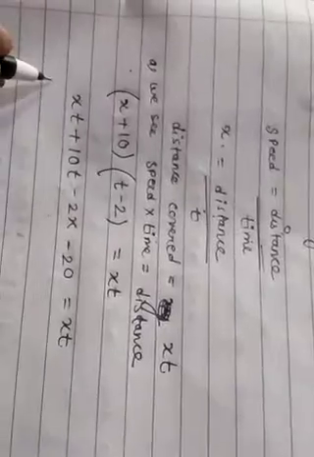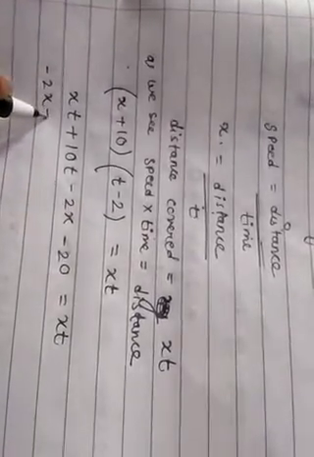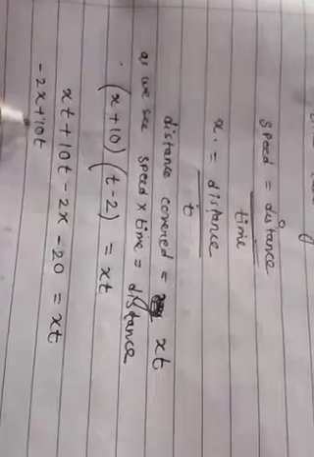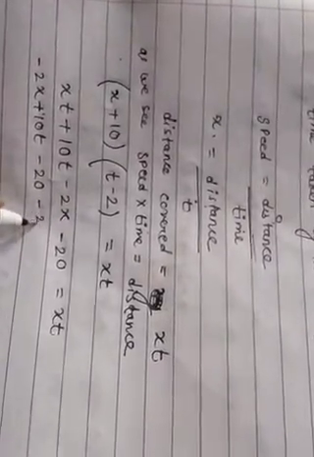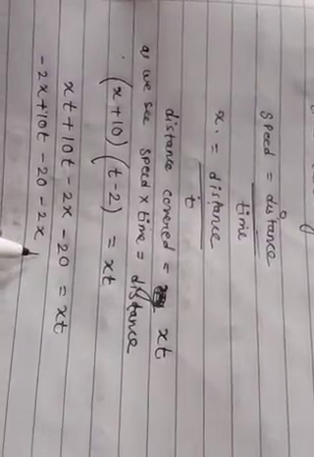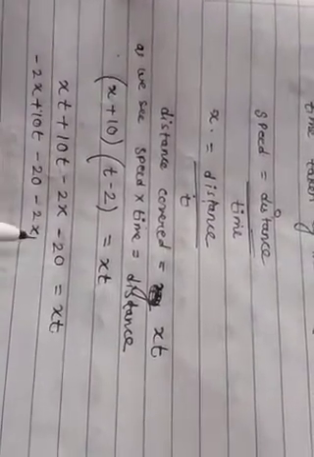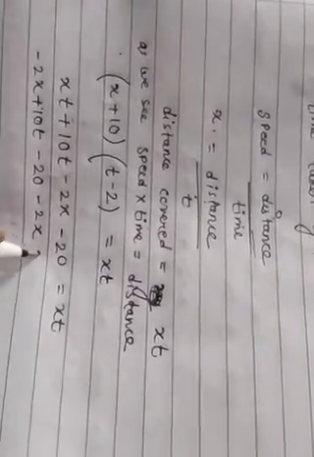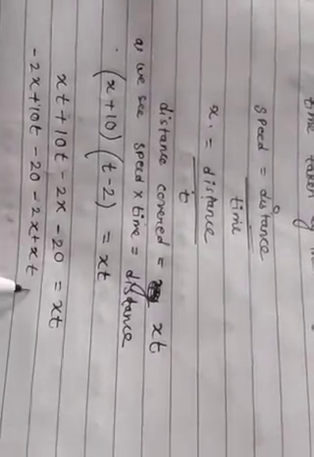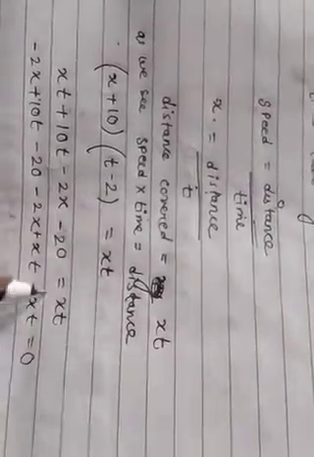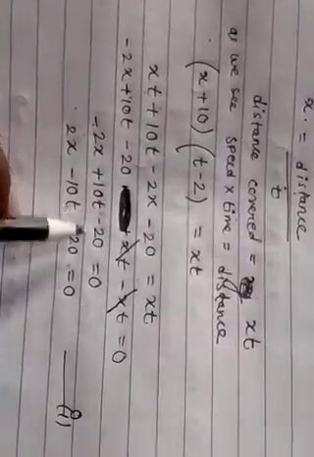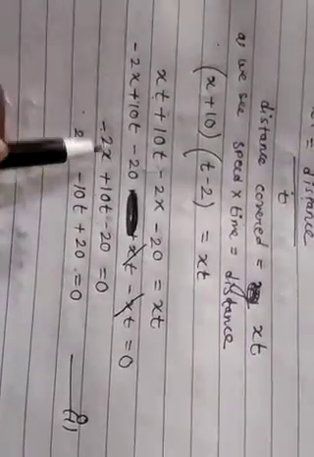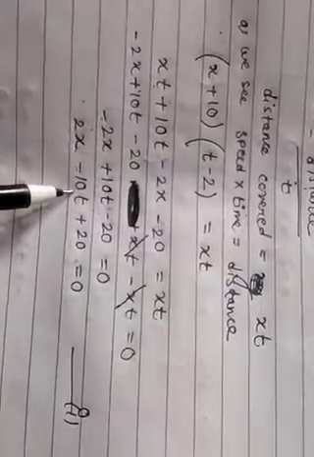Now all come this side, so minus 2x plus 10t minus 20, and xt will come this side, so xt minus xt will become 0 and xt will cancel out both sides. Minus 2x plus 10t minus 20 equal to 0. We are multiplying by minus 1, so this will become 2x minus 10t plus 20 equal to 0. This is our first equation.